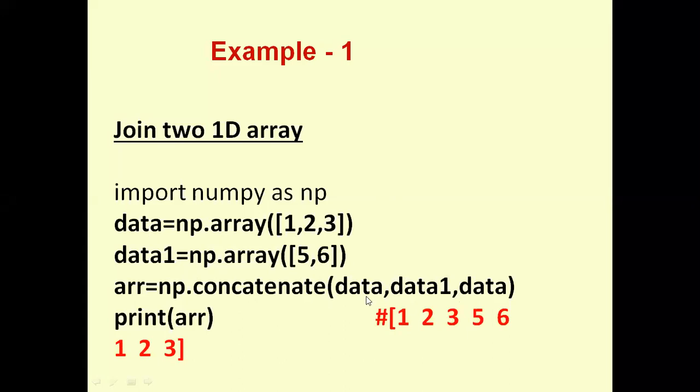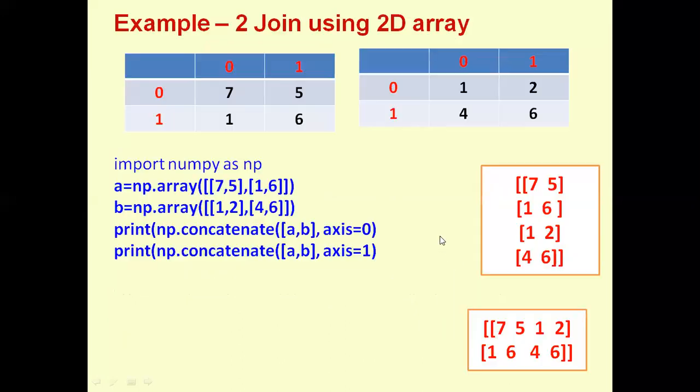See another example of joining a 2D array with concatenate. See, first array, this is a 2D array, and second, np.array b, this is also a 2D array. Now print np.concatenate of a and b.